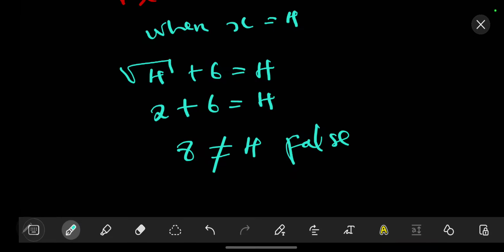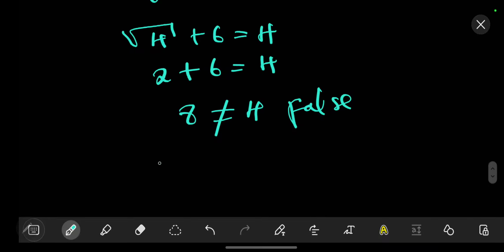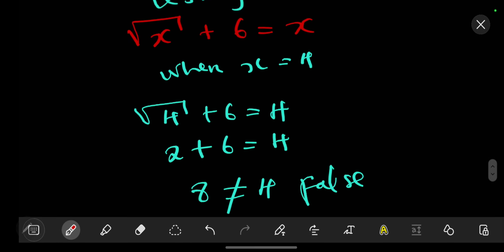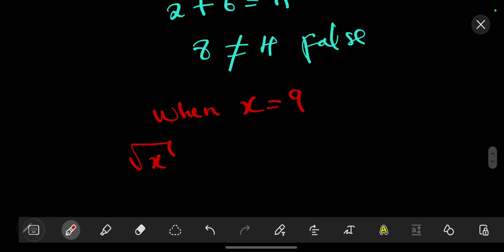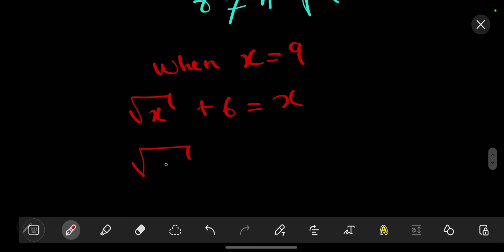So if it is false, let's try the other one, when x is equal to 9, since the other one has not worked. When x is equal to 9, we know that the equation is the square root of x plus 6 should be equal to x. So we are going to replace. We have the square root of 9, plus 6 like that, should be equal to, where there is x we put 9.